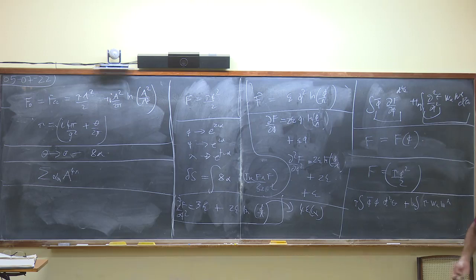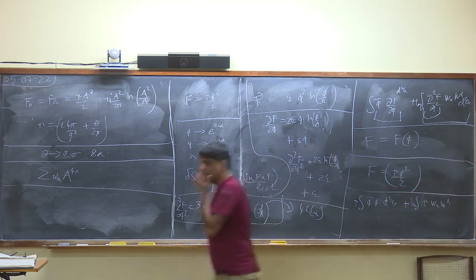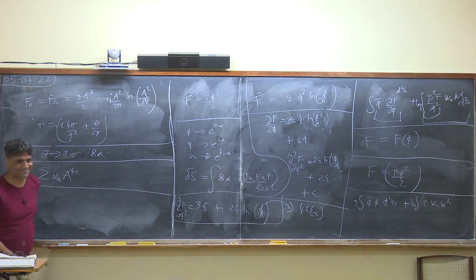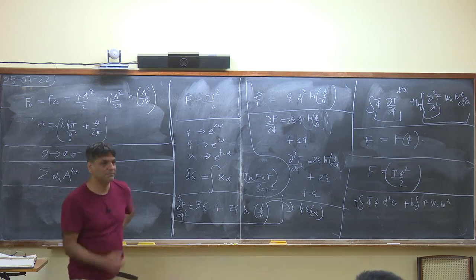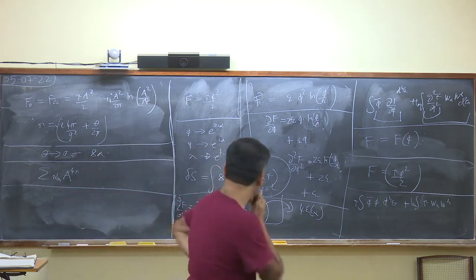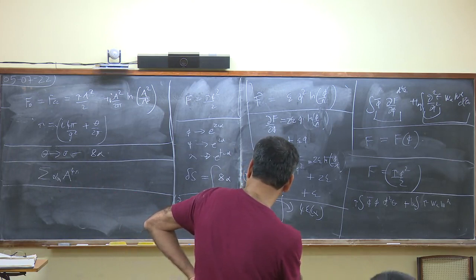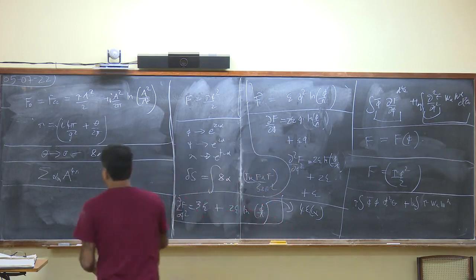These guys are instanton contributions. This looks like a superpotential, but you initially said that we should not write any N equals 2 invariant superpotential. No, this is for f of a.